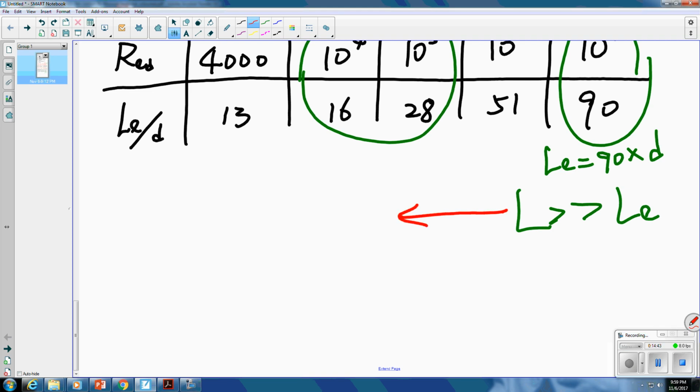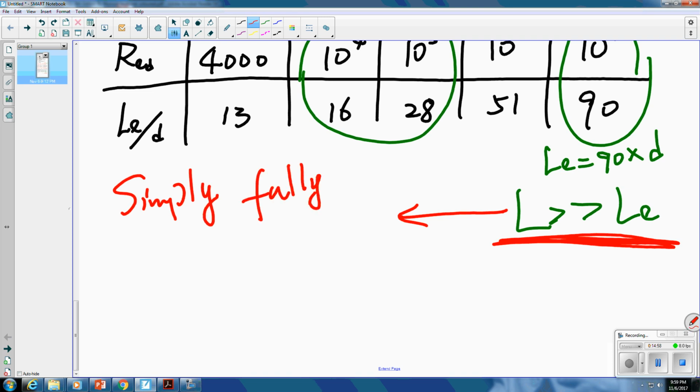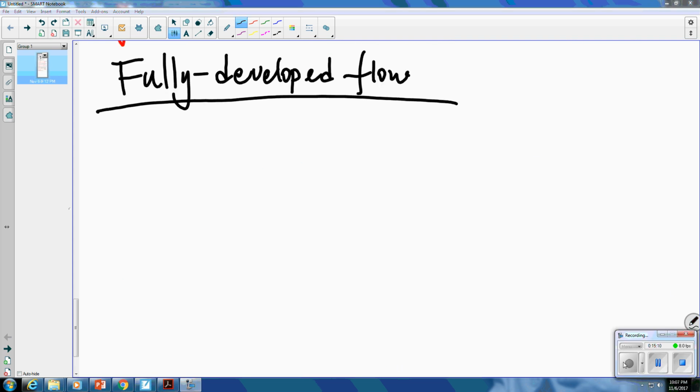If this criterion is met, which means your pipe length is much longer than the entrance region, we can simply say it is fully developed flow, which means you don't have to consider the characteristics of the entrance region.